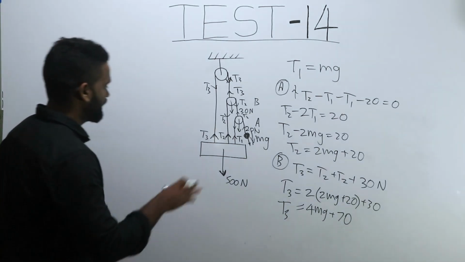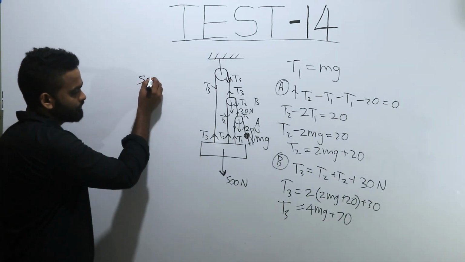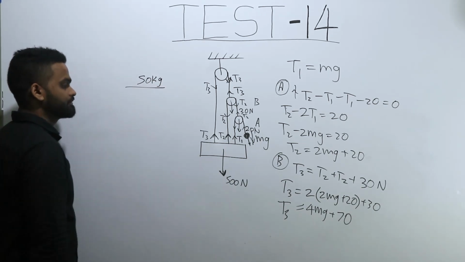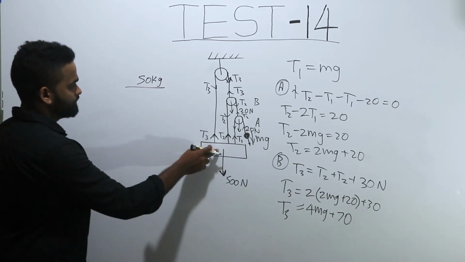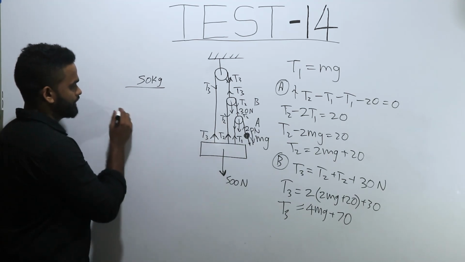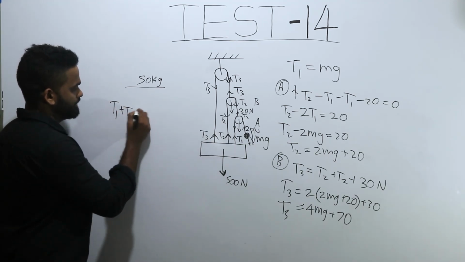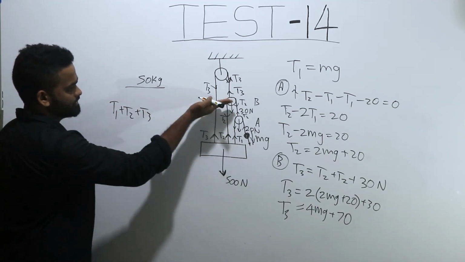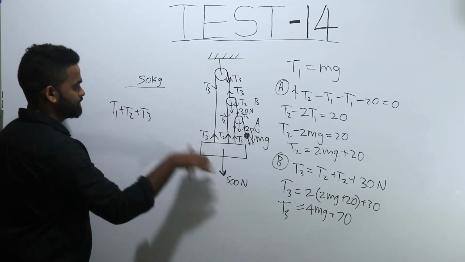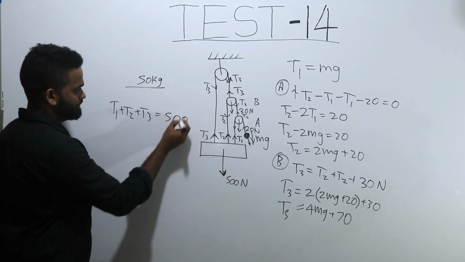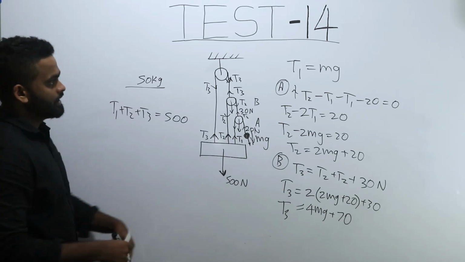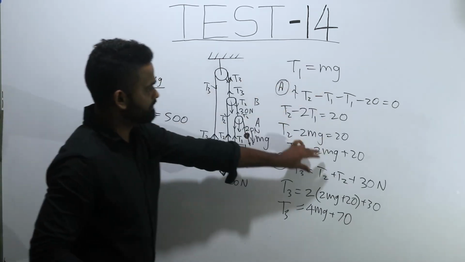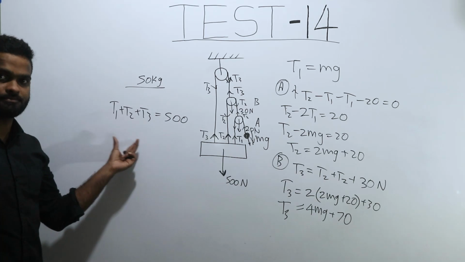Finally, we can apply equations to the 50 kilogram weight. If you carefully look at that, T1, T2, T3 forces are upwards, and those forces are balanced by 500. So they should be equal to 500. Then I substitute each of these in this equation.